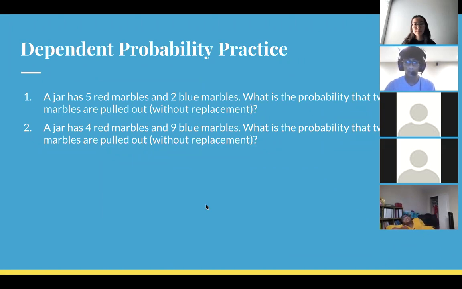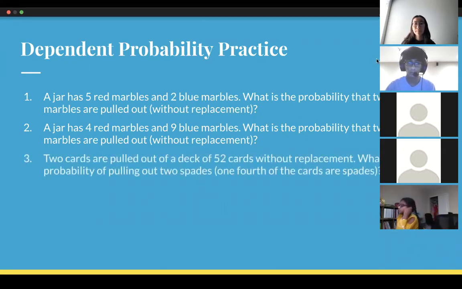So 4/13 times 3 over 12 is going to be equal to 12 over 156. And then that simplifies to 1/13th. Okay, right. 4/13 times 3/12, and then you simplify. Yeah, that's what you want to do.